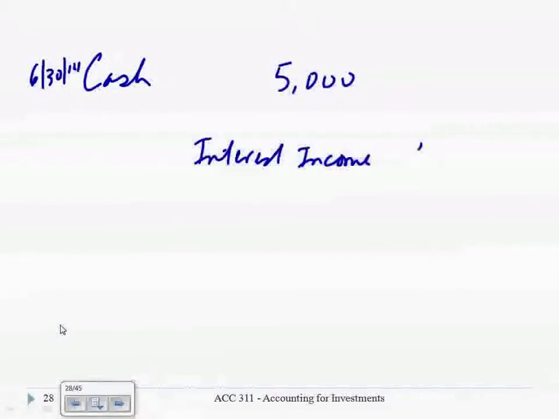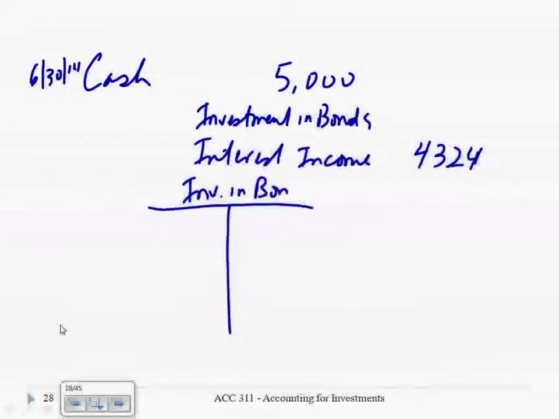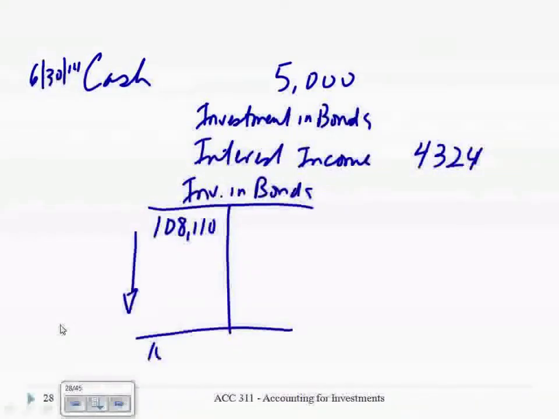And the interest income was going to be $43.24. And we're going to credit investment in bonds, the asset. Because remember, when I had that investment in bonds account, it starts at 108,110, and it has to be working down towards $100,000.